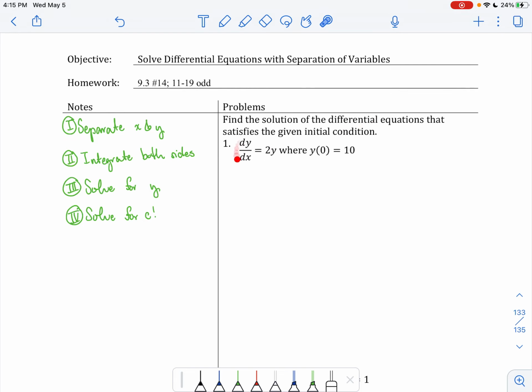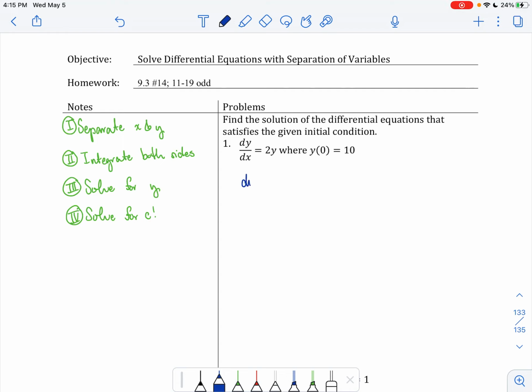So here, find the solution. We start with dy dx is equal to 2y, where y of 0 is equal to 10. So we're going to start the same way. There's no x term here.